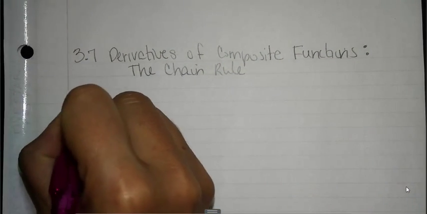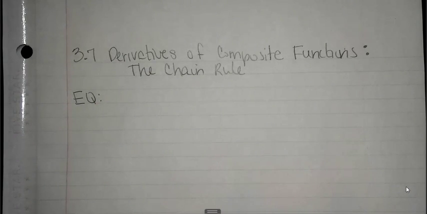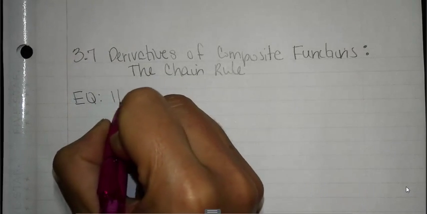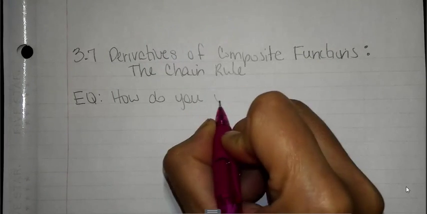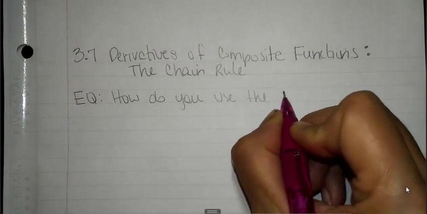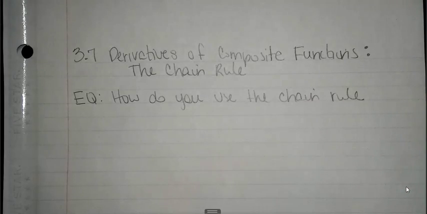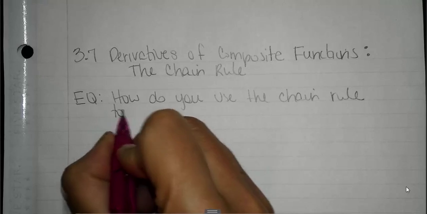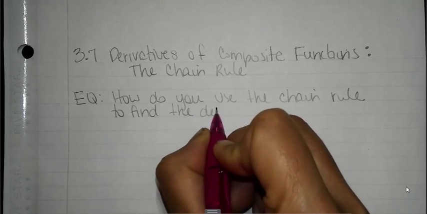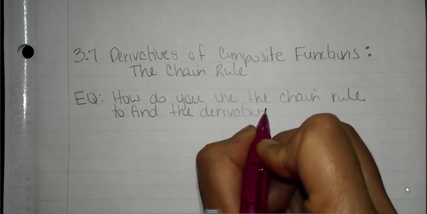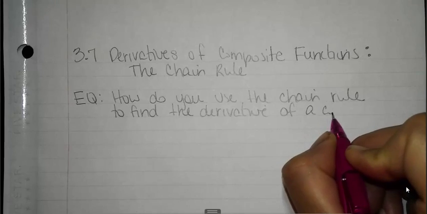Our essential question: how do you use the chain rule to find the derivative of a composite function?